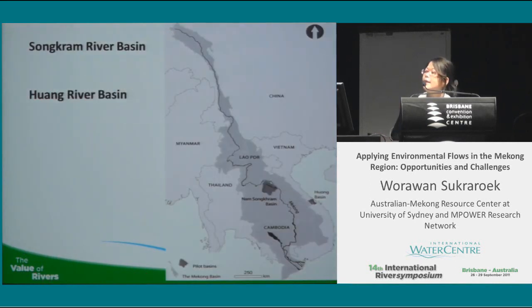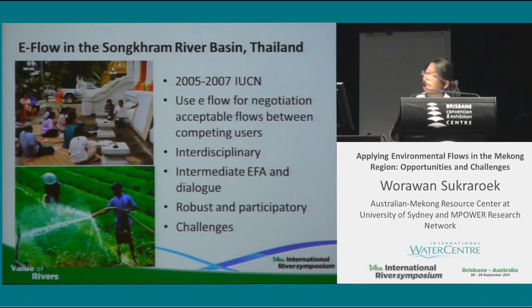Okay, the second case study is the Songkhram River Basin in Northeast Thailand. There's a map there to show you where it is. E-flow in Songkhram was conducted under an IUCN initiative in 2005, and this is the case where e-flow was applied based on the conviction that e-flow does not only consider the importance of river flow from a physical and ecological perspective, but is also related to socio-economic and political factors at play in the river basin as well.